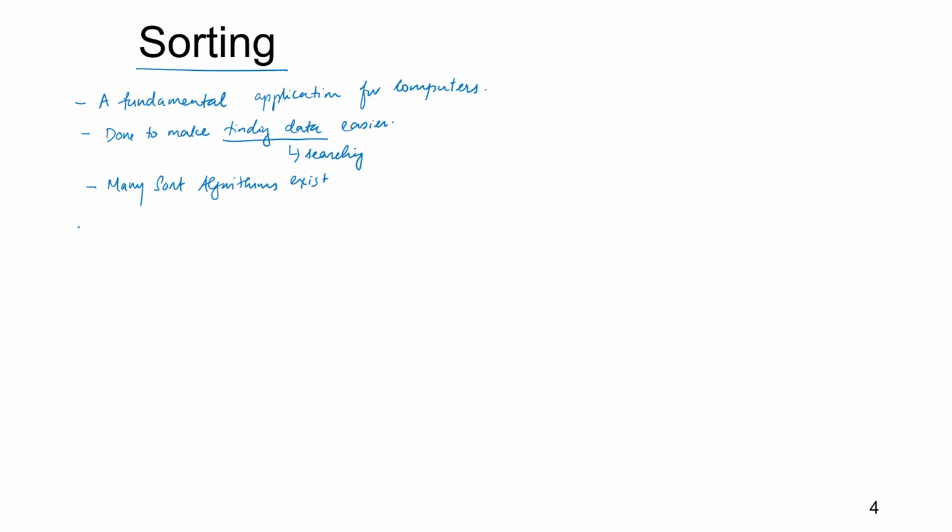Then, since there are many, the critical aspect that we need to consider is the major difficulty of sorting. What is the major difficulty of sorting?